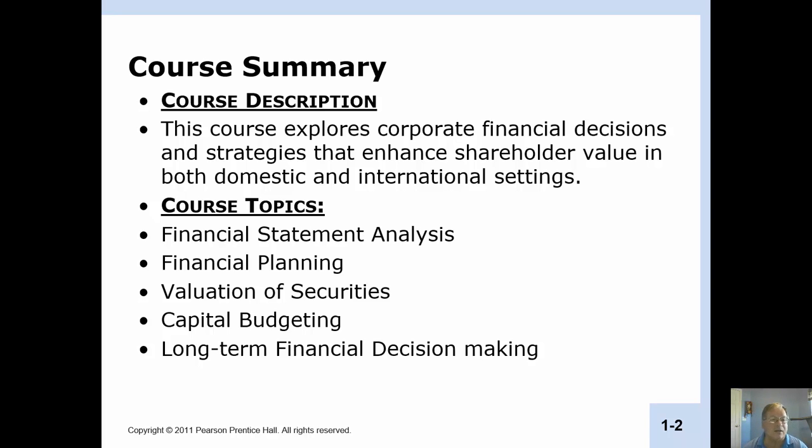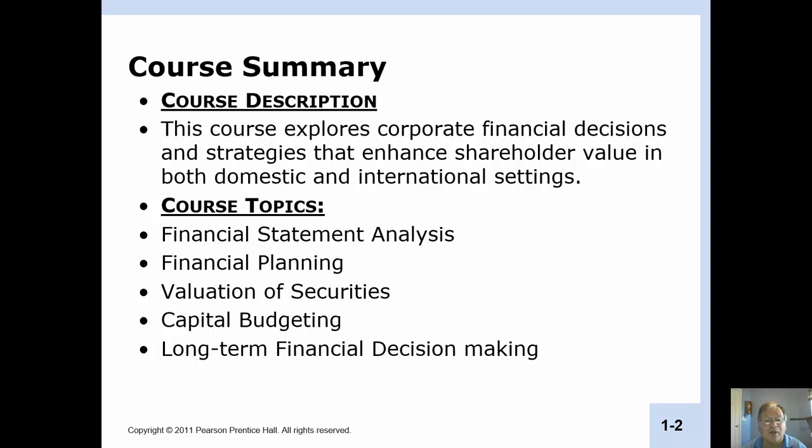The basic course concepts or topics: we're going to do some financial statement analysis. We're going to analyze a company. There'll be some financial planning topics, valuation of securities, and capital budgeting, which is nothing more than a valuation exercise, but instead of valuing a security like a stock or a bond, we will be evaluating and determining the value of corporate projects.